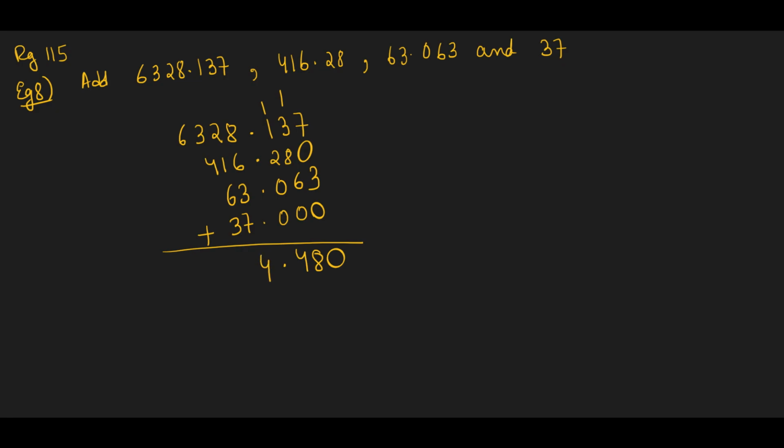So 4, 2 is carried over. 4 plus 3 is 7, plus 1 is 8. And 6844.480, yes. So this is your answer, children.